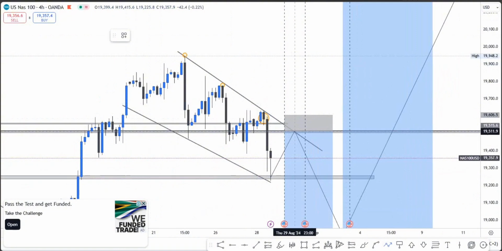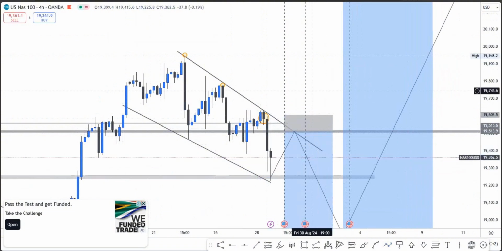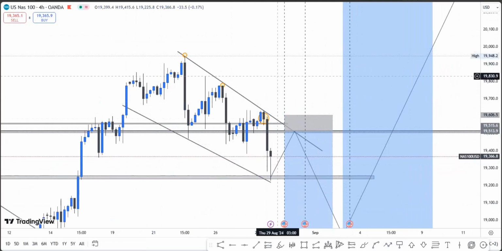A reduced risk entry, because of the breakout here, and a retest has to be here. See, we don't have a retest currently after the breakout, so the retest has to be here in order for the market to shoot to the downside.